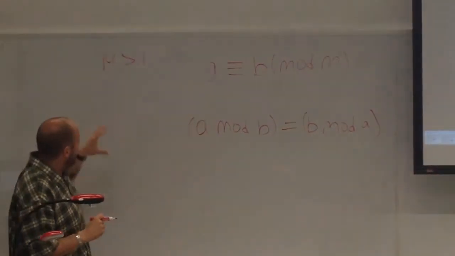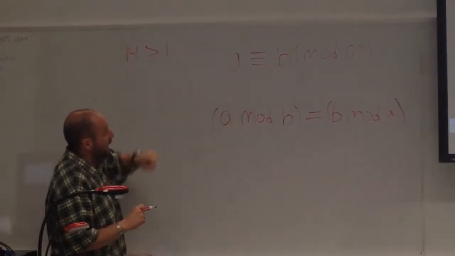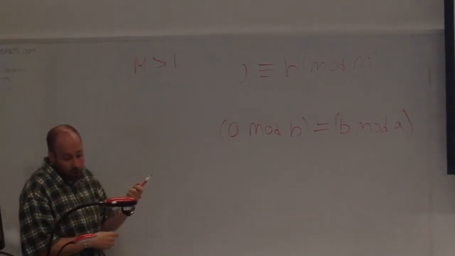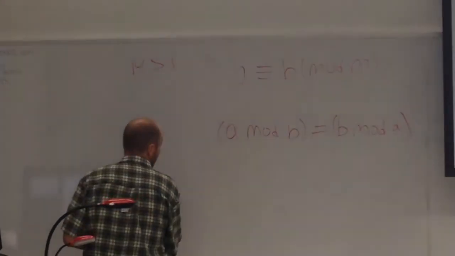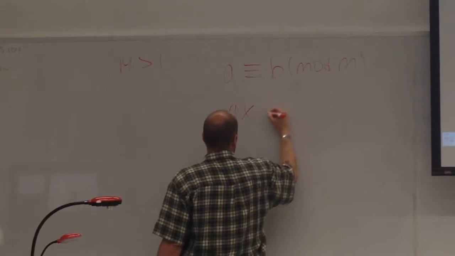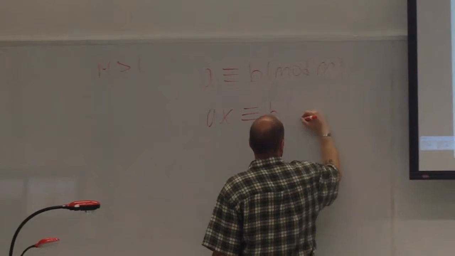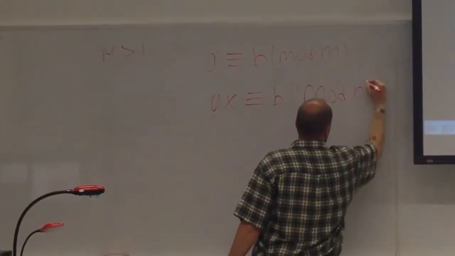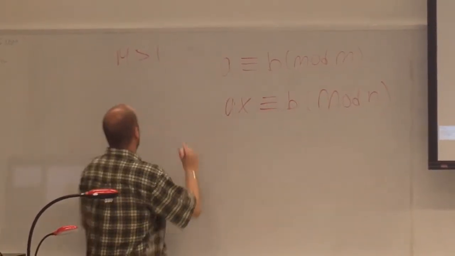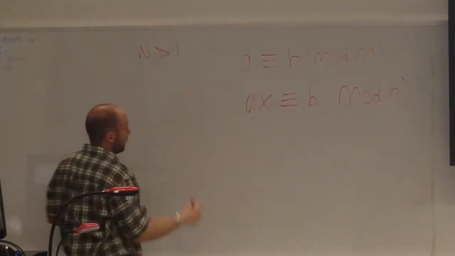So this sort of moves on. So knowing that our modulus is greater than 1 and A and B are always integers, then we can come to the form of a linear congruence as a congruence in the form of A times X is congruent to B mod N. And like before, N is greater than 1.